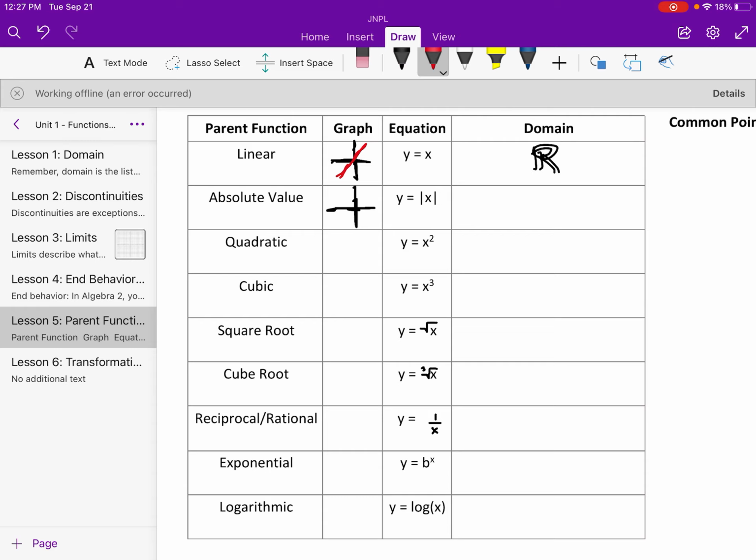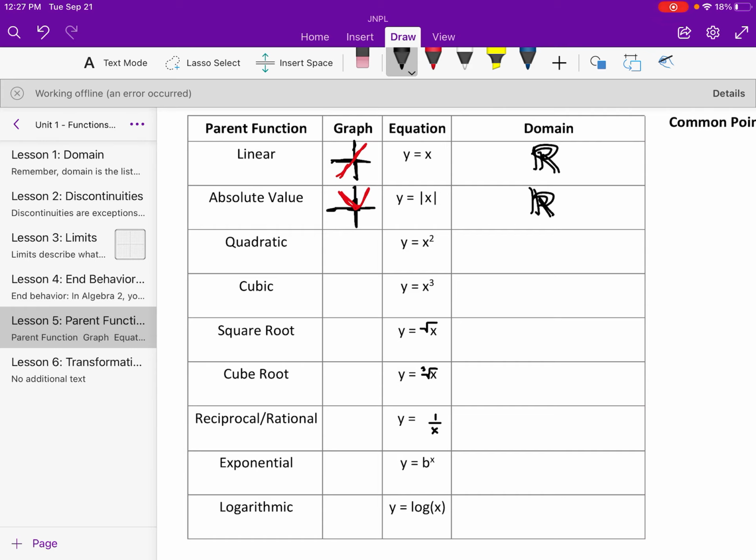That's review anyway. The absolute value function kind of looks like a V. That makes sense, because no matter what you put in for x, it's always going to end up positive, and all the positive y values are up here. That's why there's nothing below. So once again, the domain is all real numbers.